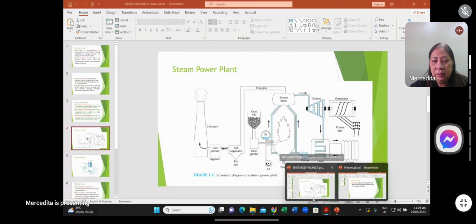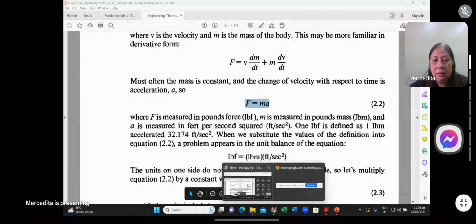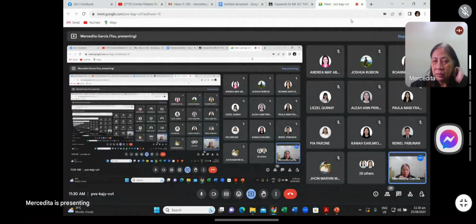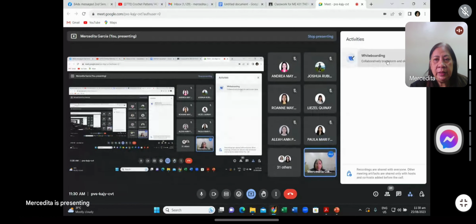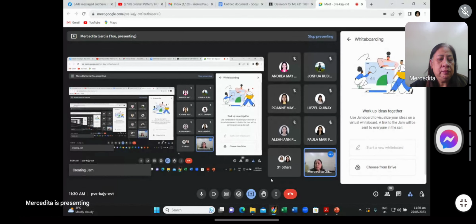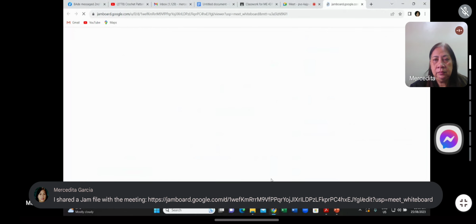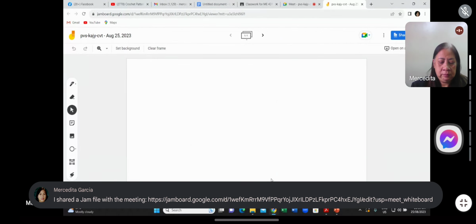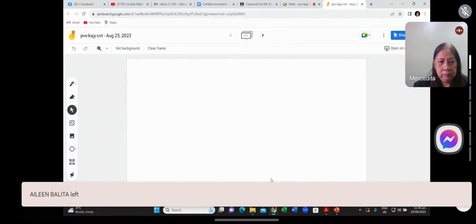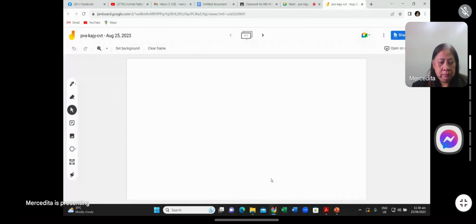Let me have the, tingnan natin kung makaka-connect tayo dito sa ating whiteboard, para ma-explain natin ang ating unit ng force at unit ng energy. Bakit hindi umigo ang stylus nito?